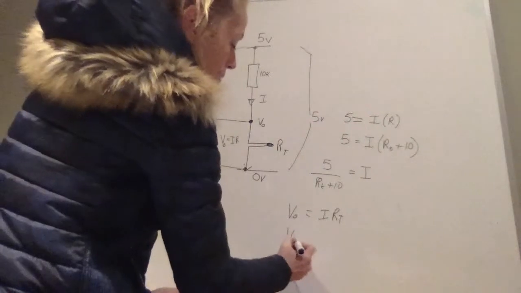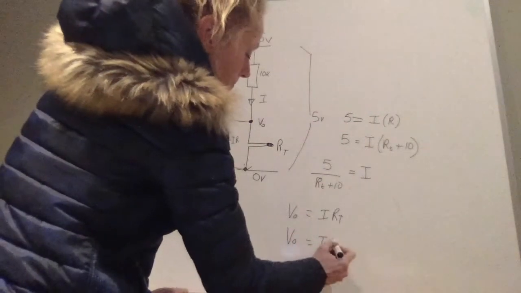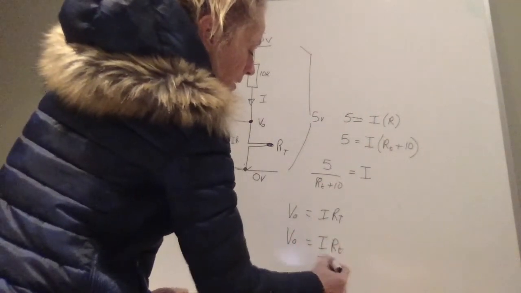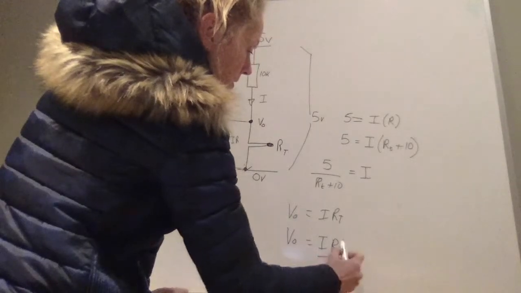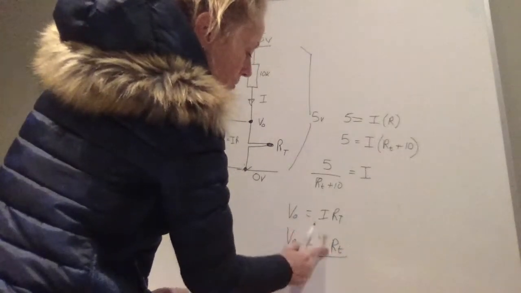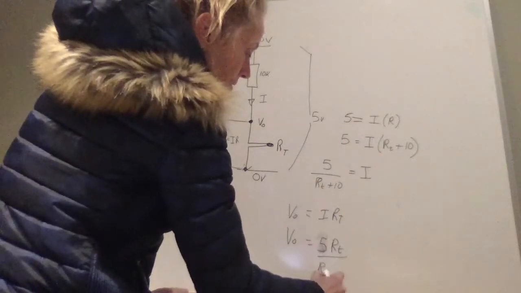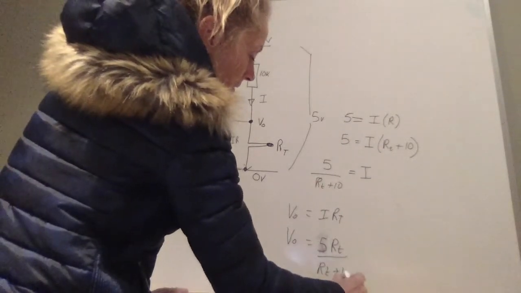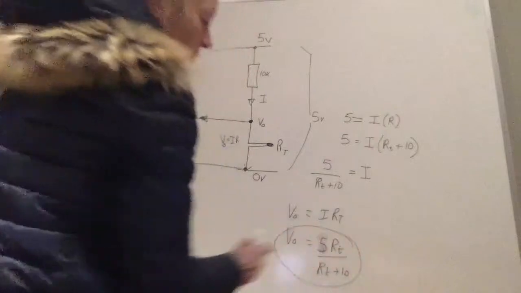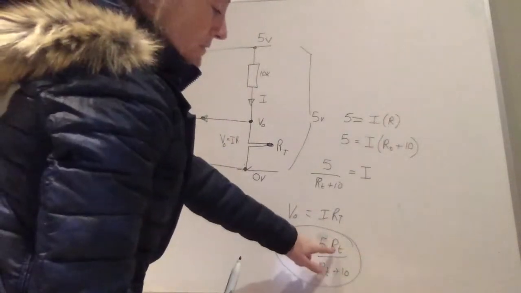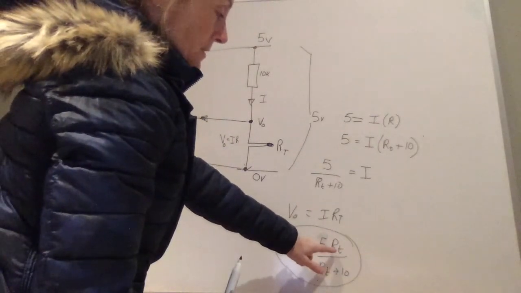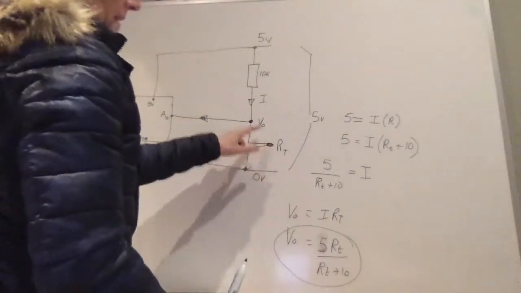So VO is I times RT, where instead of I, we put in 5 divided by RT plus 10. That's not that important, other than you can see that the resistance of the thermistor is what affects the output voltage.